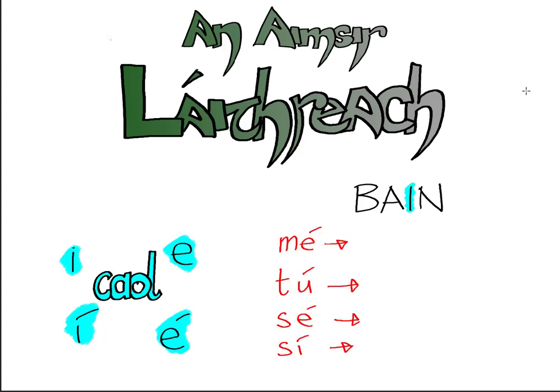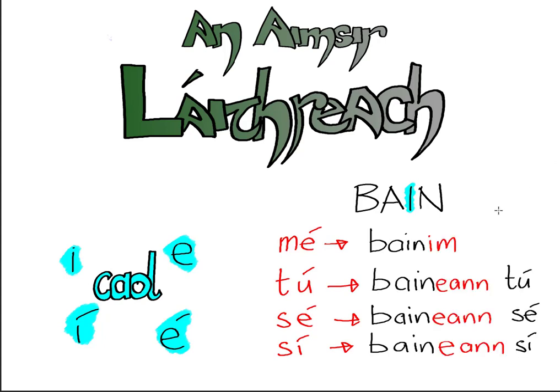Okay, so first things first, we're going to deal with the singular person, which is mé, tú, sé and sí. So me, you, he and she. So for all of them, you keep the bain, and then for me, the ending will be im, because it is caol le caol.